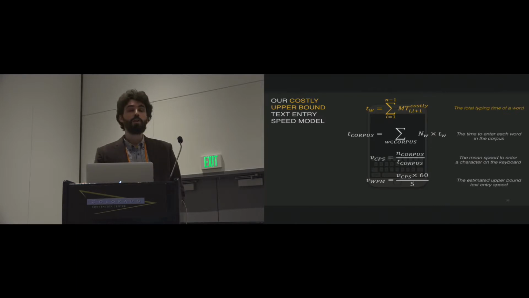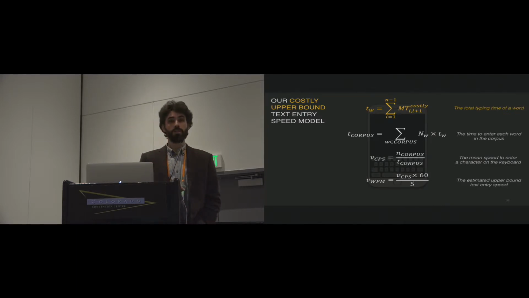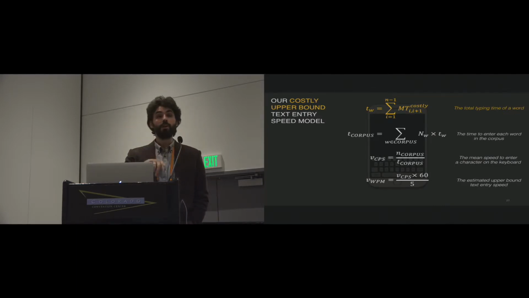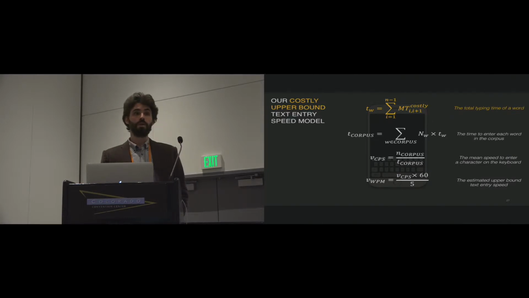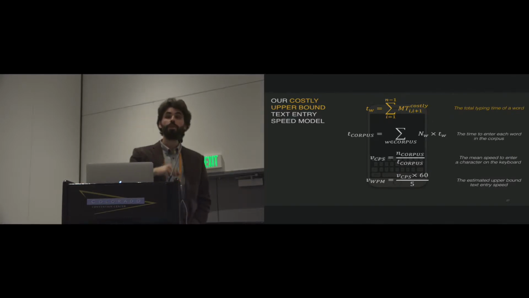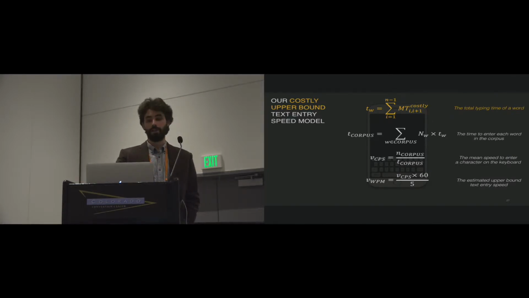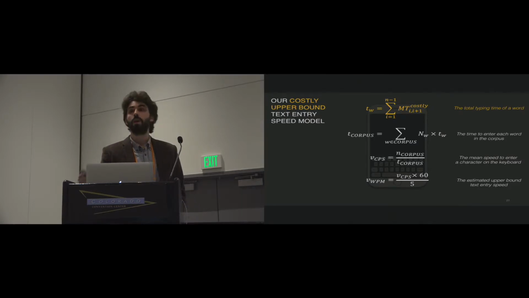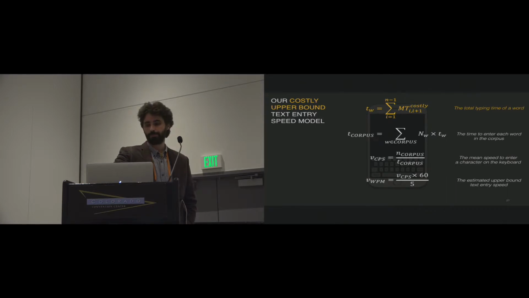And then we can go back to the existing models and consider now the error-free movement time that has been adjusted for the effect of these kinds of costly errors, and compute the upper bound text entry speed.